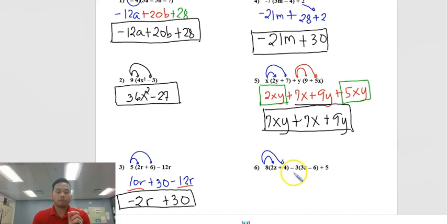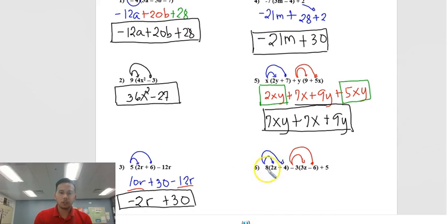The minus sign here must go with negative 3. So negative 3 times 3z, and then negative 3 times negative 6. I'll change to a different color so it's a lot easier for us to see. All right, so let's distribute that.